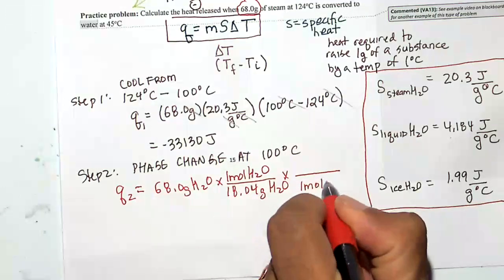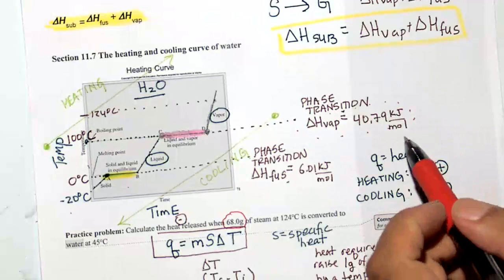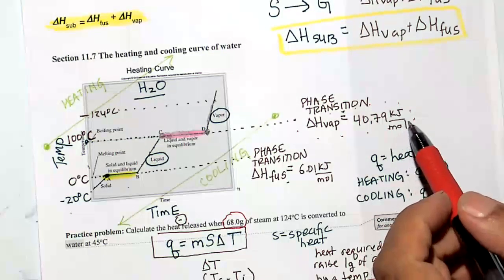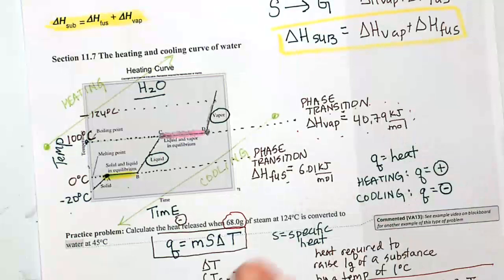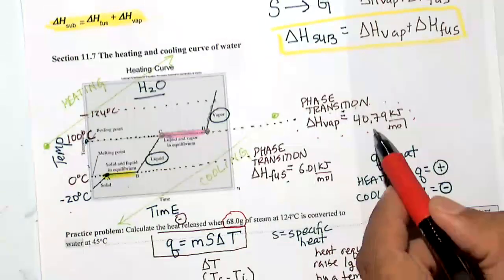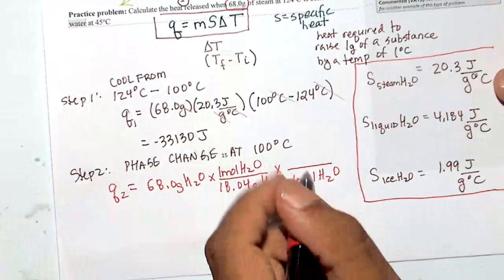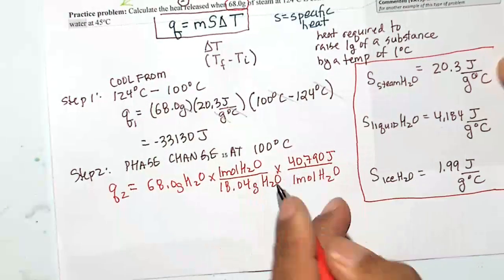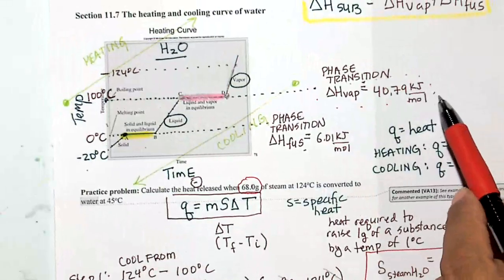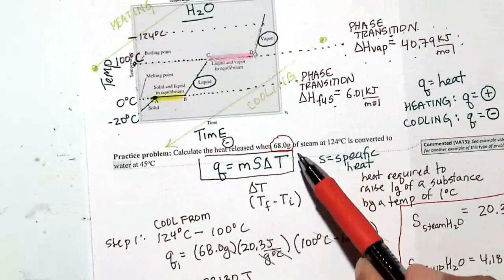And how much energy is required to vaporize 1 mole of water? 40.79 kilojoules. I will convert it to joules, so just multiply that by 1,000, and you should get 40,790 joules. I'm just multiplying this by 1,000 to get joules per mole.